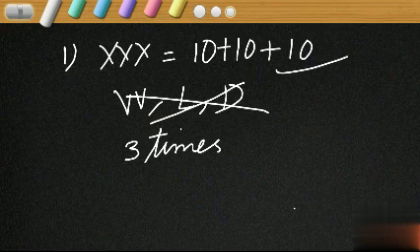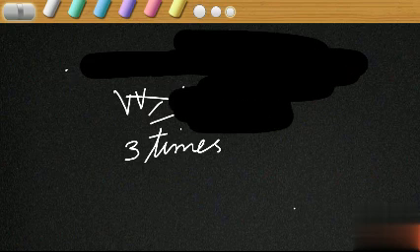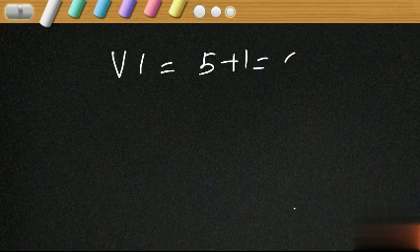This was our first rule. And what about the second one? If a smaller numeral is written on the right side of a greater numeral, the numerals have to be added. V means 5, 5 plus 1 equals 6. I just revised the things that had been learned in the previous class.